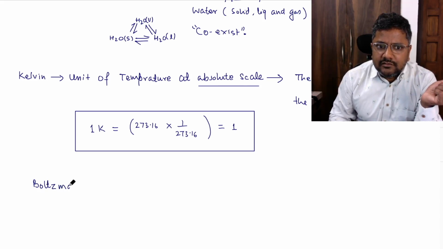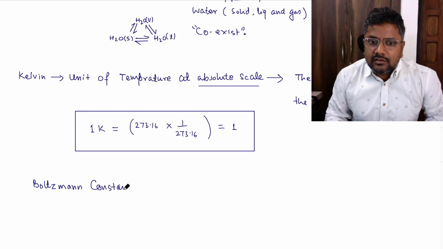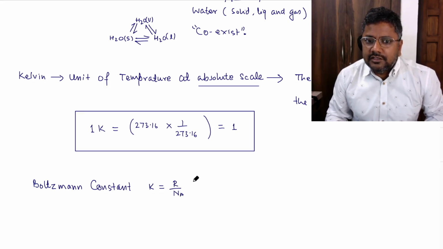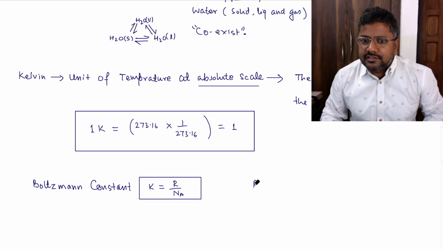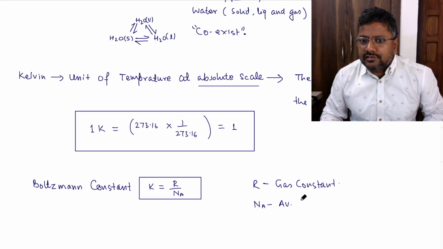Boltzmann constant. This is K. K is equal to R by Na, right? Where R is the gas constant, and Na, all of you know, is Avogadro's constant.